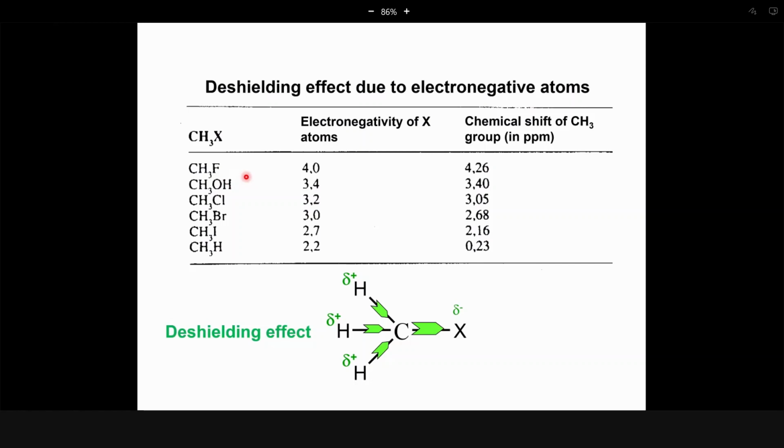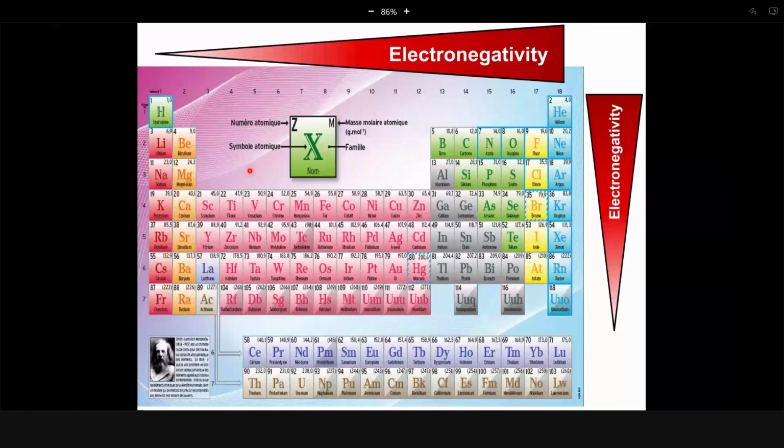So when you look at the chemical table, Mendeleev table, you know that when you go in the horizontal way, you have an increase of electronegativity, and when you go from the top to the lower side of the table, you have a decrease of the electronegativity.